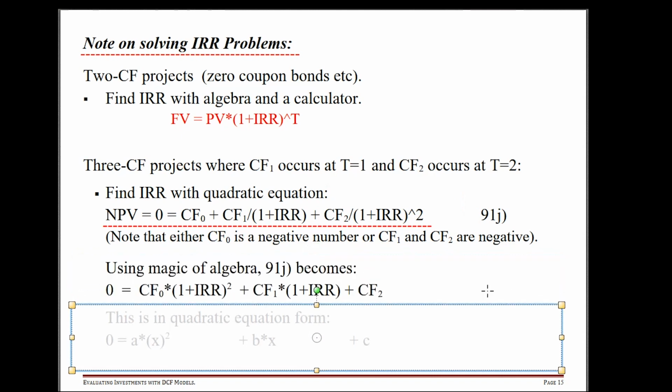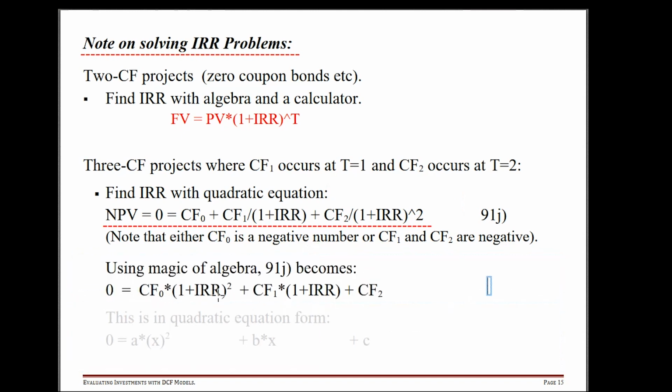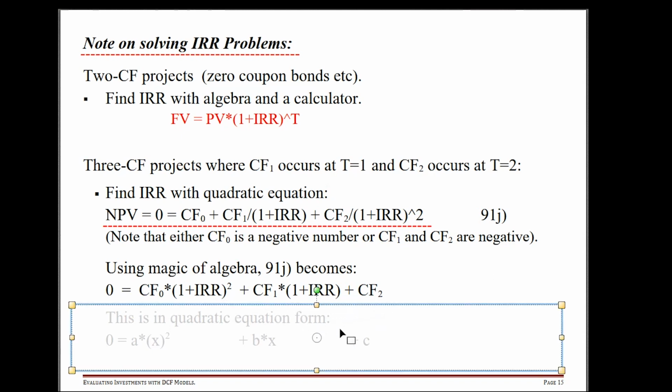That's going to give us an equation that looks like this. And all of us hopefully will recognize this as something we were tortured with in high school or grammar school, depending on your education. This is our classic find the roots of a quadratic equation, a parabolic equation.